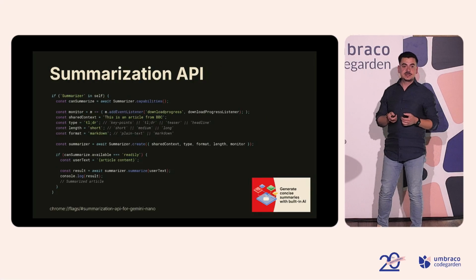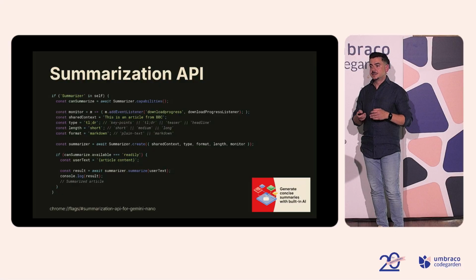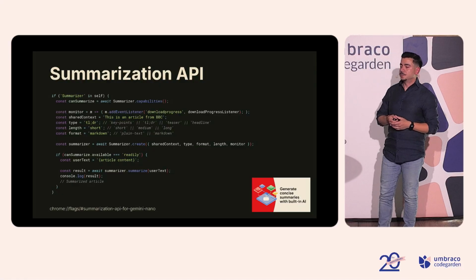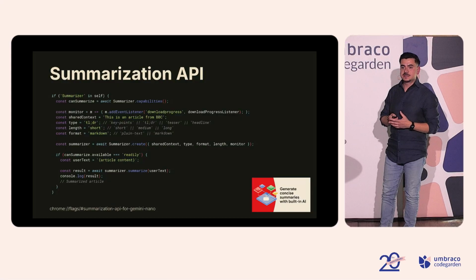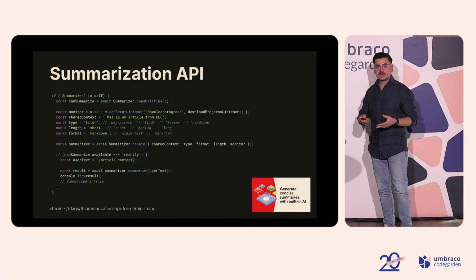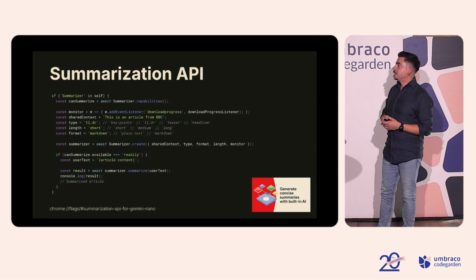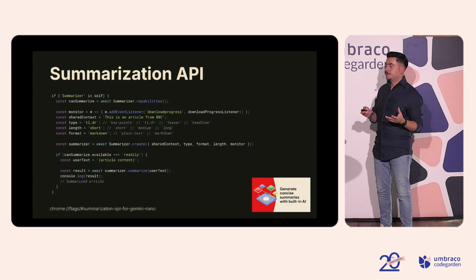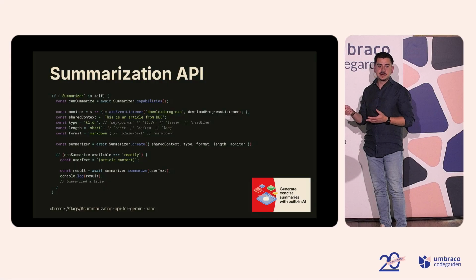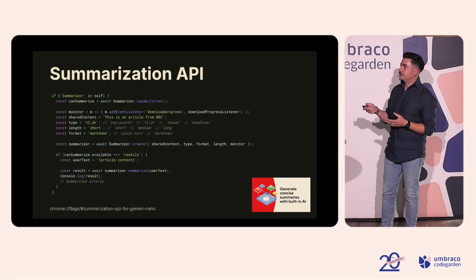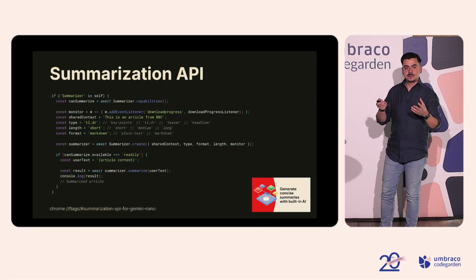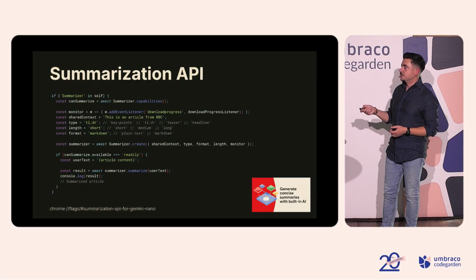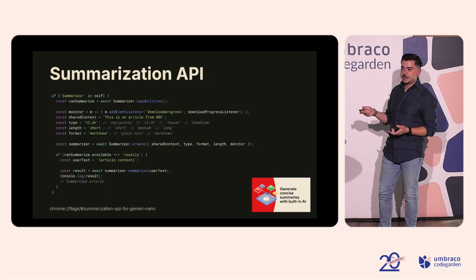This is a quite interesting one. The summarization API is a very good use case for quickly reading blog posts or news articles or, I don't know, Confluence pages, documentation sites. Any article or long content that you can imagine on the web can be summarized using this API. This API also provides summaries in different formats, such as key points, too long didn't read, teaser, or headline formats.